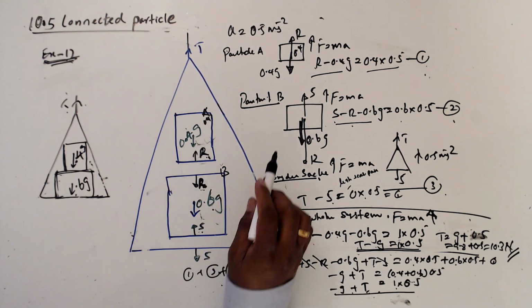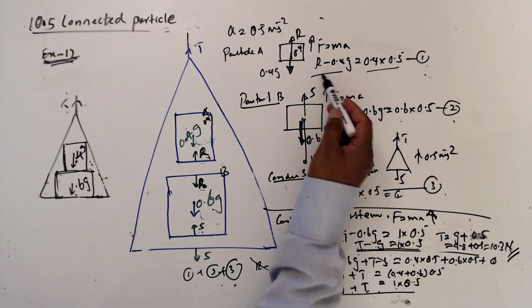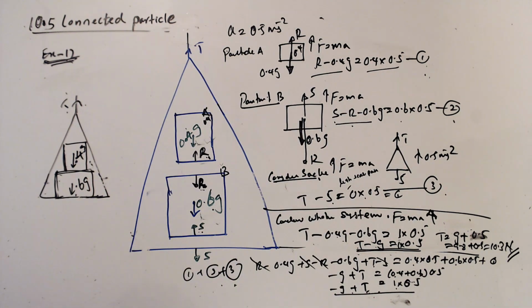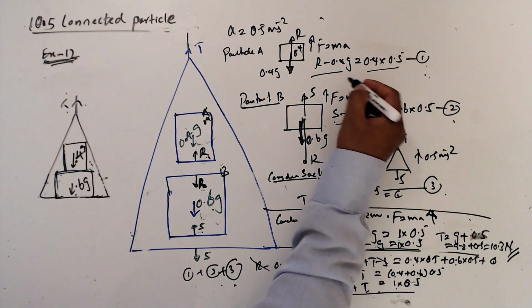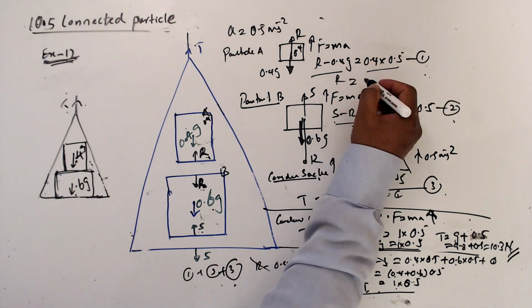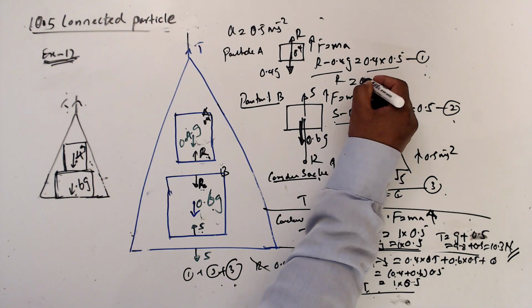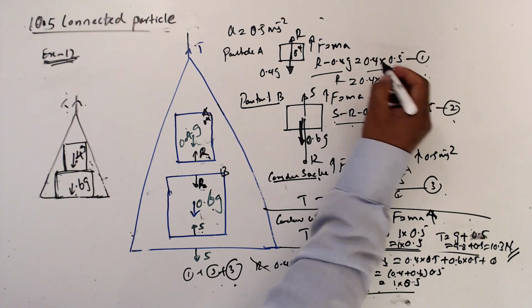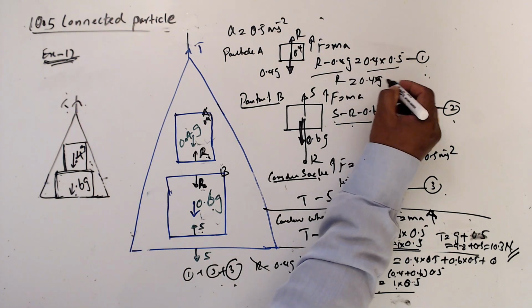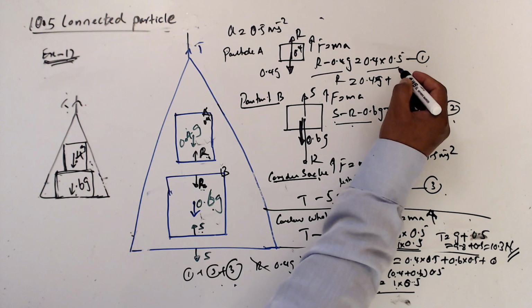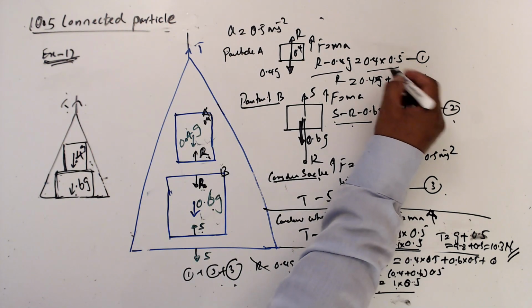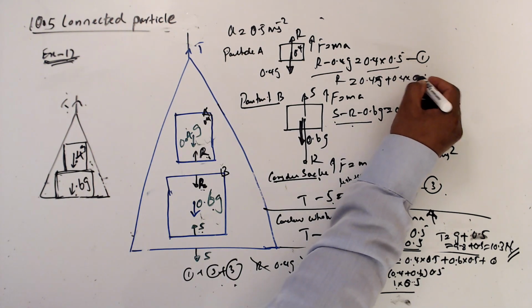So we work the equation R minus 0.4G equals 0.4 times 0.5. So R equals 0.4 times G plus 0.4 times 0.5.